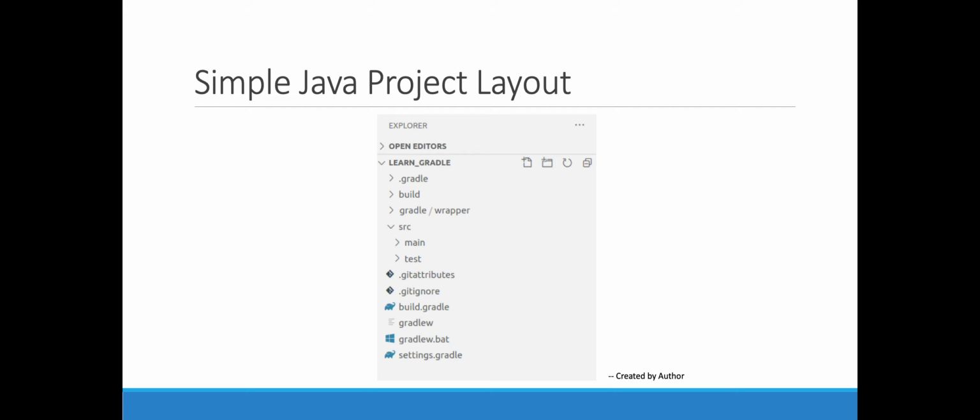Simple Java project layout. This will be the layout of the project once the project is initialized. Settings file defines build name and subprojects. Build.gradle contains the build script for the project.